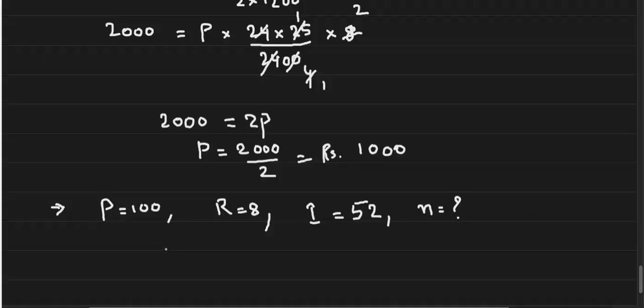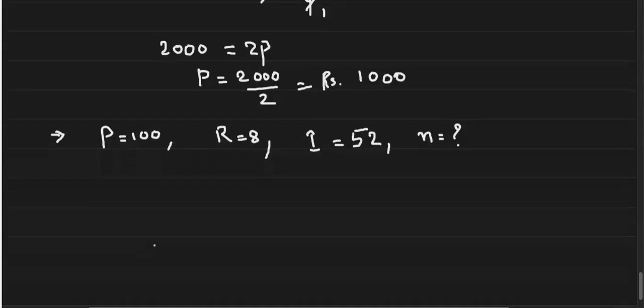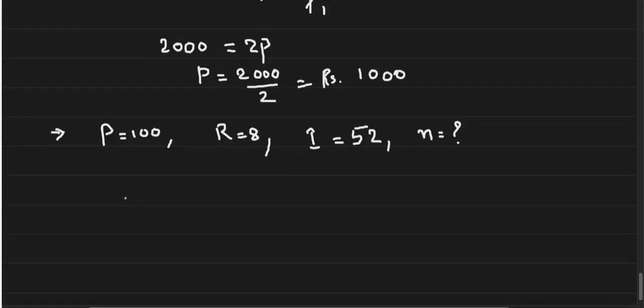So what will you do? You will use the same formula. I equals P multiplied by N into N plus 1 divided by 2 times 12 multiplied by 100 multiplied by rate of interest.